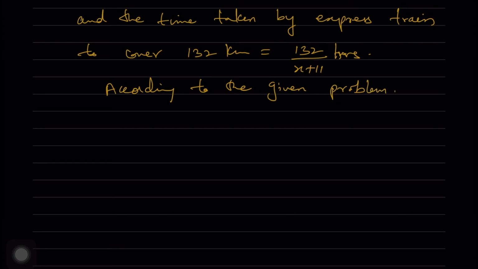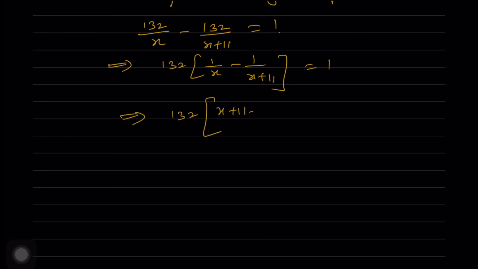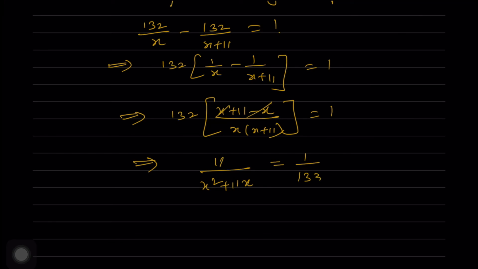So according to the given problem, we have 132 divided by x minus 132 divided by x plus 11 is equal to 1, which implies 132 into 1 by x minus 1 by x plus 11 is equal to 1, which implies 132 into x plus 11 minus x divided by x into x plus 11 is equal to 1, or you can write this as, if x cancels, x square plus 11x is equal to 1 by 132.